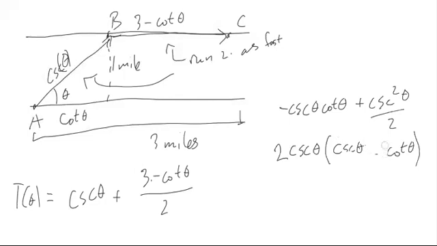Sorry, I factored out the wrong thing. Okay, factor out the 1/2, and then we have a 2. That's a cosecant right there, but then the minus cotangent, we'd have a 2 right there. Okay, that looks better. So we get 1/2 cosecant theta times that.